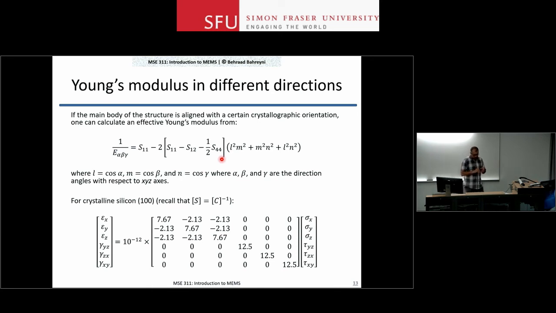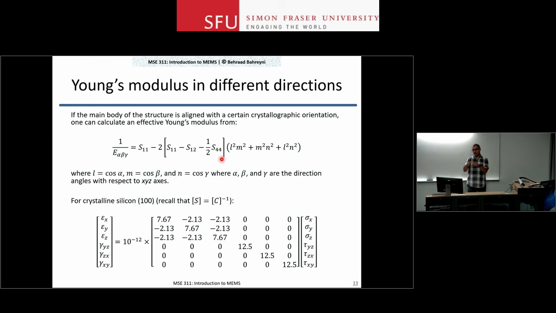And what I have now is L, M, and N, three numbers that specify my direction. I look at the direction of interest in my crystal, and let's say it is 110. I have the numbers for my crystal, as you can see in this table down here.